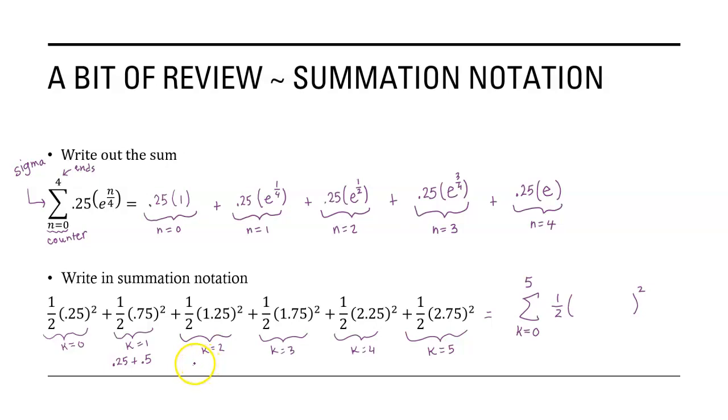When k is equal to 2, it's 0.25 plus 1. When k is equal to 3, it's 0.25 plus 1.5. So it looks like what's happening is we're starting at 0.25 every time, and then we're adding a number of 0.5s on. So it's going to be 0.5 times k.